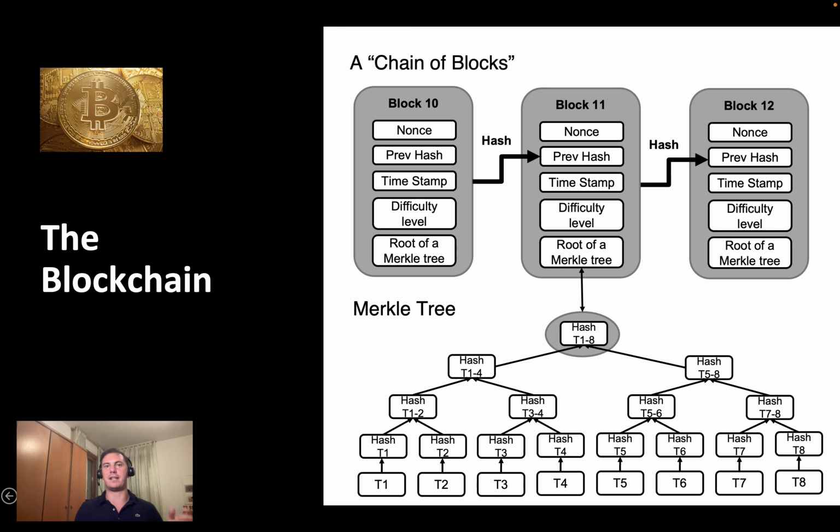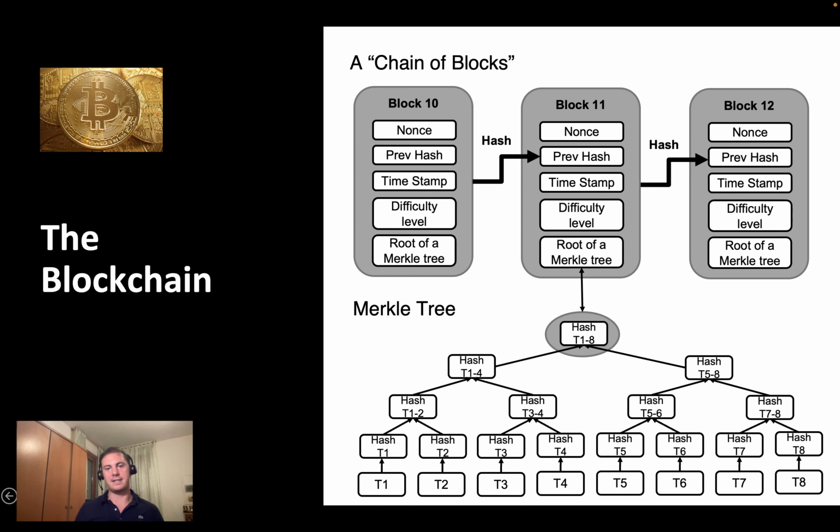In the same way, we have the hashes T3,4, T5,6, and T7,8. Then the hash of T1,2 will be combined with T3,4, creating T1,4, and the hash of T5,6 combined with the hash of T7,8 will create the hash T5,8.